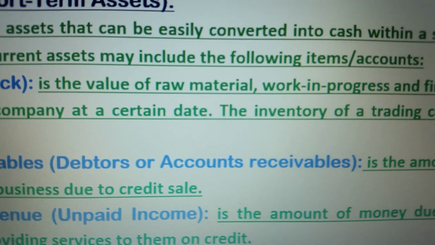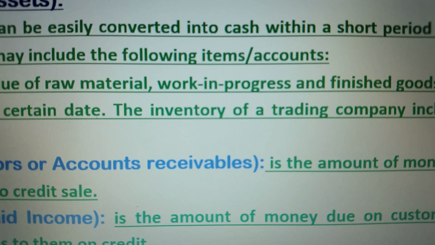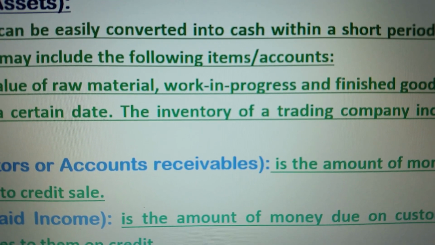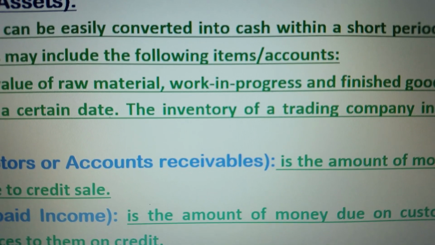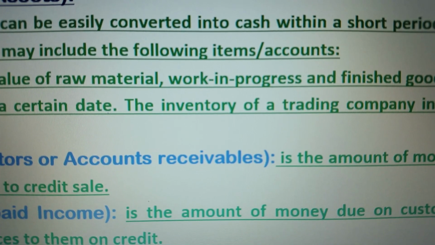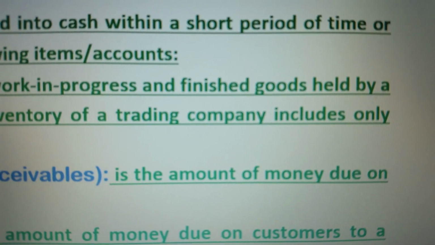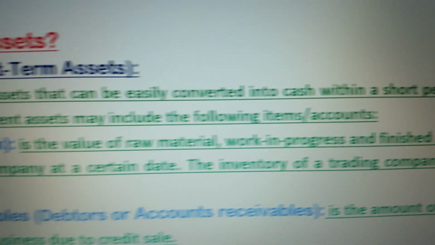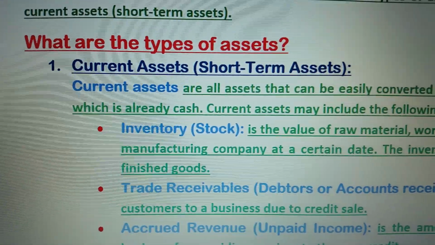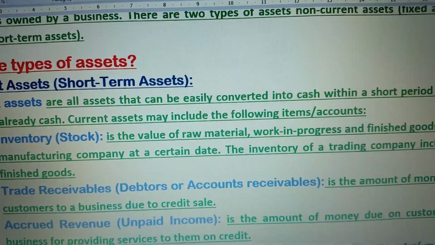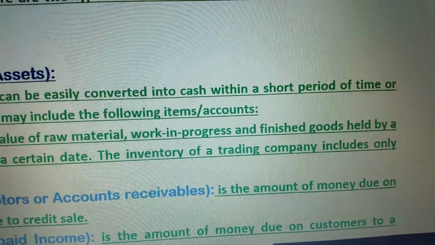Also, work in progress. Work in progress is a type of stock. Work in progress means unfinished or semi-finished goods. And finally, finished goods or final goods, which is goods available for sale. Again, current assets are all assets that can be converted into cash within a short period of time, usually less than a year.